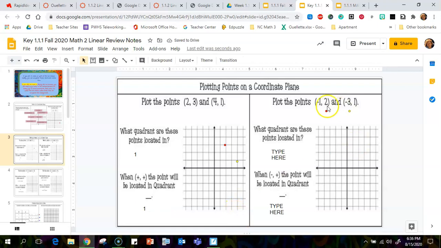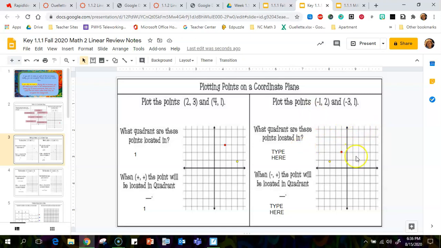Okay, let's look at these. -1, 2. Okay, grab that red dot, go down to the origin. -1 is left 1 and then up 2. Okay, so there's that one. Grab the yellow dot. -3, 1. That's left 3, up 1. Okay. So what quadrant are both of these points in?